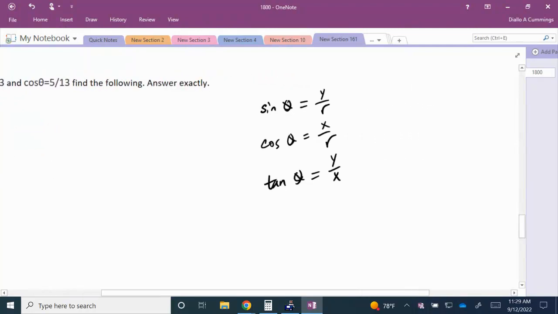And then we have the reciprocals. The reciprocal of sine is cosecant, so that's r over y. The reciprocal of cosine is secant, so that is r over x. And then the reciprocal of tangent is cotangent, and that's x over y.